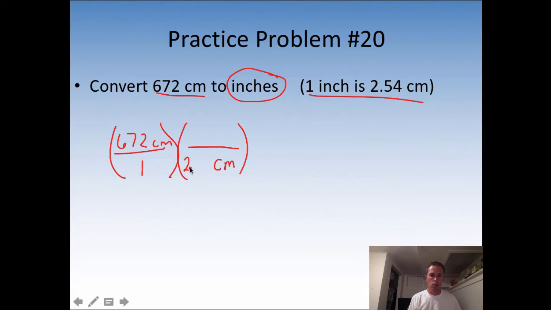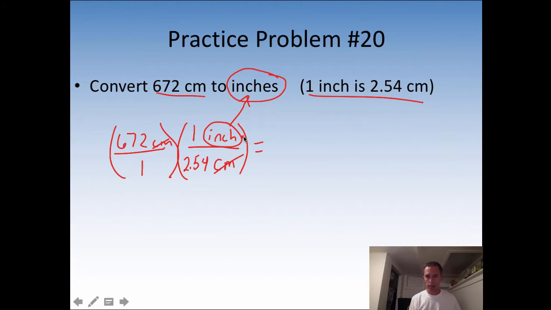So 2.54 centimeters is equal to 1 inch. Okay. And now our units can cancel out. Centimeters is on top. Centimeters divided by centimeters is 1, so we can cancel that out. And we're left with this unit, the inch, and that's exactly what they wanted. So we can stop there.